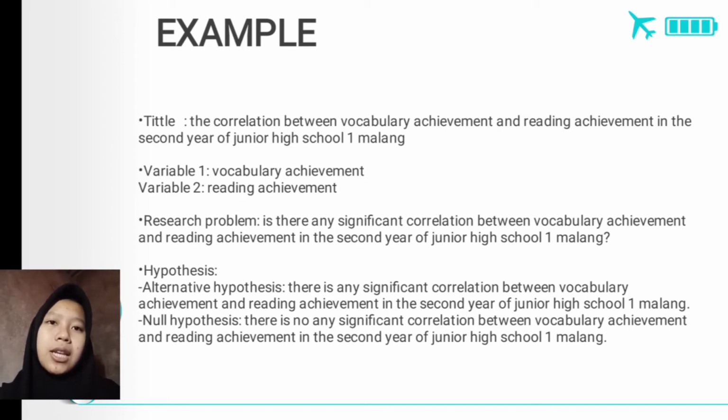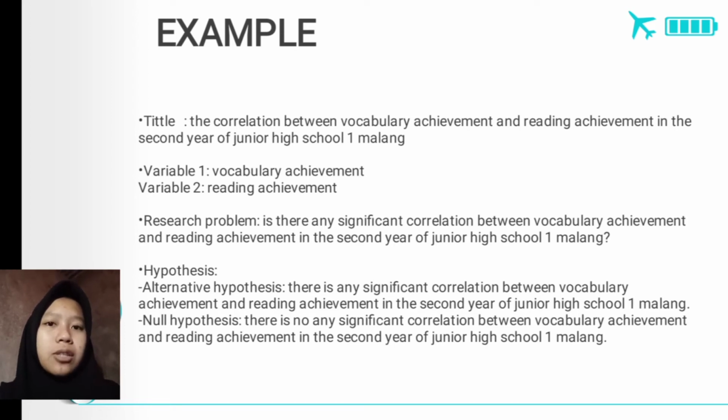There are two variables which the researchers analyze in this research. The research problem is: is there any significant correlation between vocabulary achievement and reading achievement in the second year of junior high school 1 Malang?